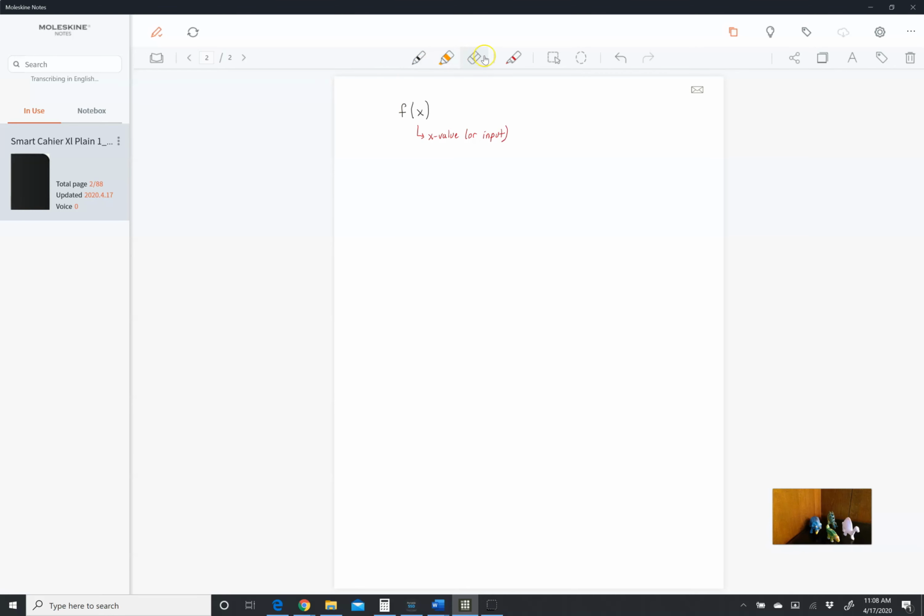That seems pretty clear. But f of x altogether is our y value, or our output. So we can use the reflection in the y-axis with points to inform us about what to do with the function.